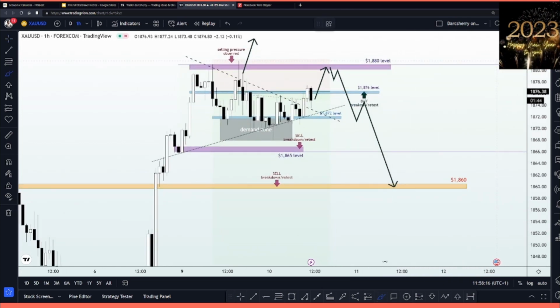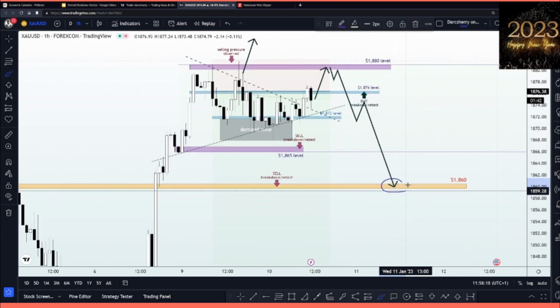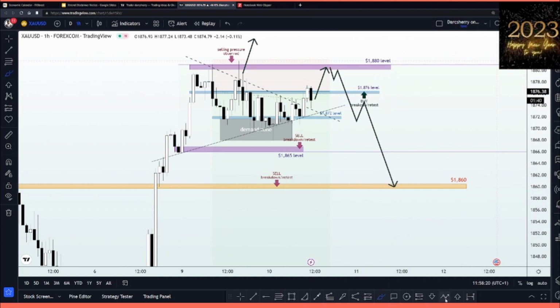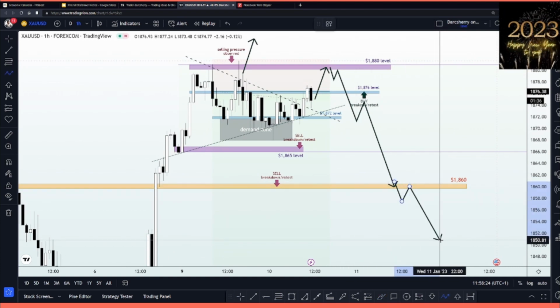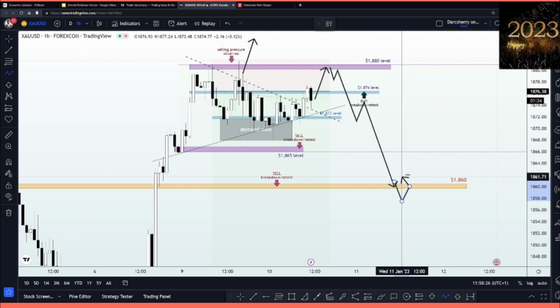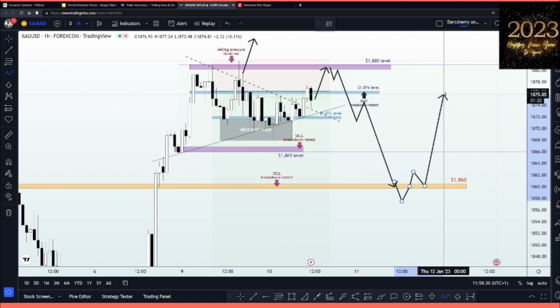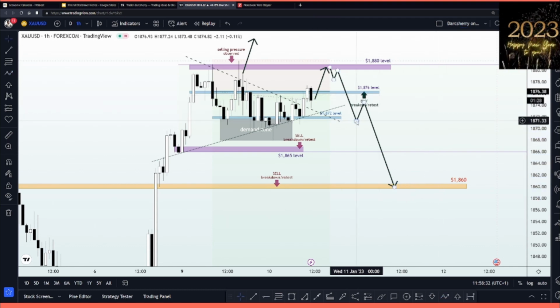If we get to that level, we'll look out to see how price action reacts to that structure. A breakdown should definitely give us an opportunity to add more position to our existing trade. And if buy pressure comes in above the 1,860, we look out for a buy opportunity at that point.